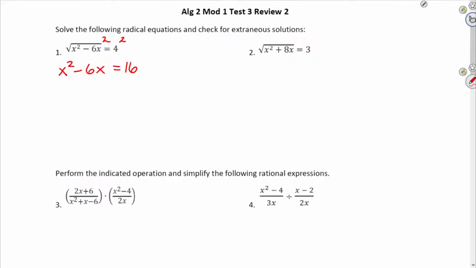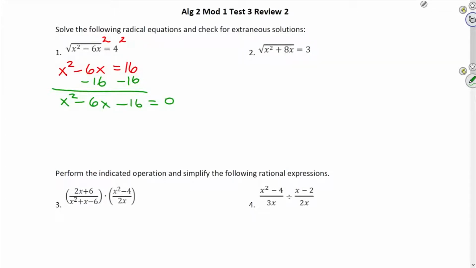Okay, now this is a quadratic equation so I must think like a quadratic, and so I'm going to get one side equal to 0 and then factor if I can. And so I get x squared minus 6x minus 16 is equal to 0.